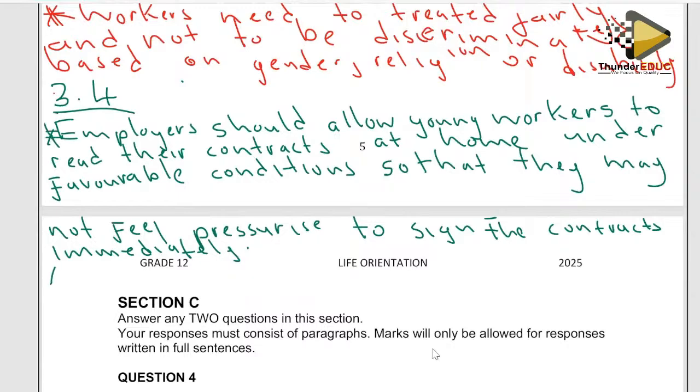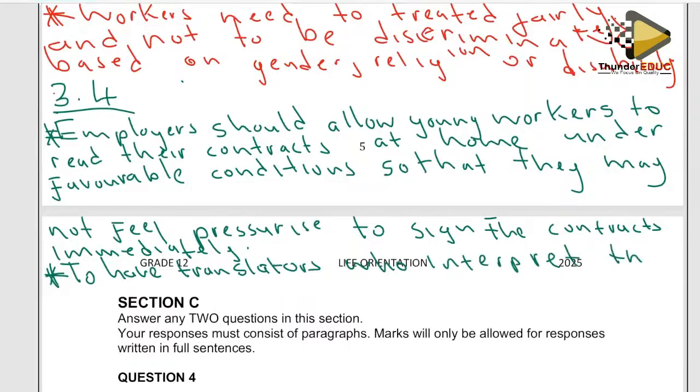The second way of assisting young people is to have translators who interpret the contracts in an easier way to understand.